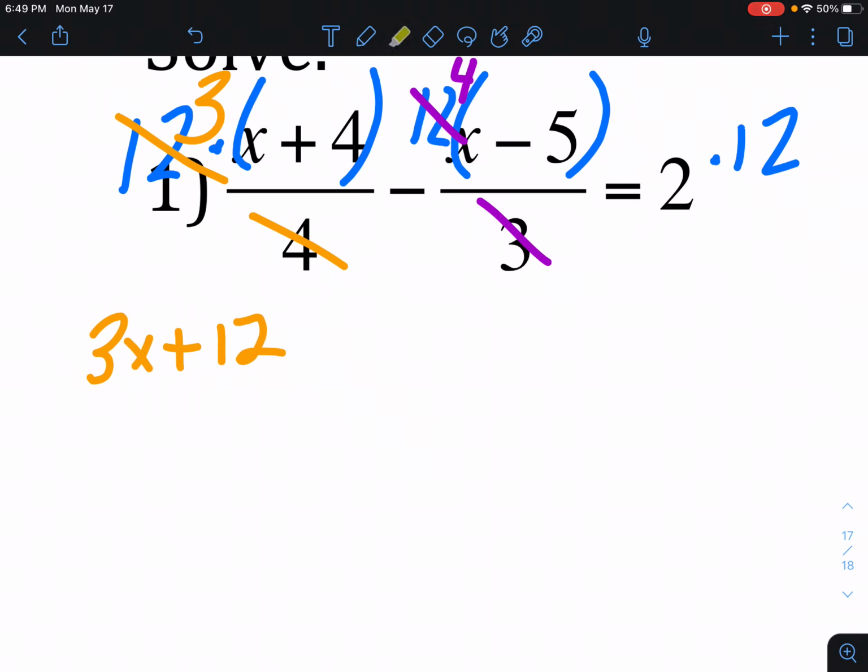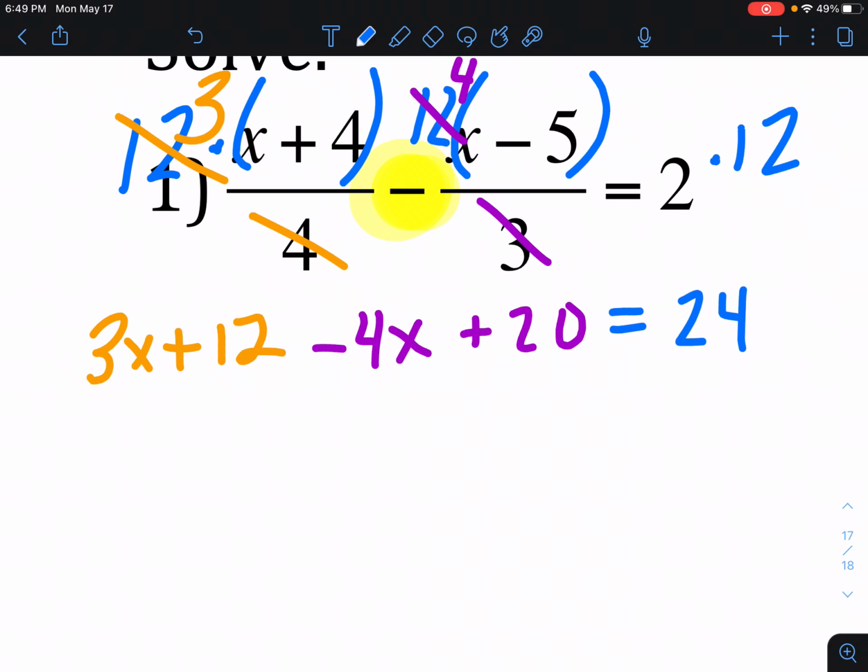So we're actually going to distribute a negative 4. Notice I said negative 4 because you have a minus sign here. So negative 4 times x. And then negative 4 times negative 5 is 20. And then your 2 times 12 on the right gets your 24.